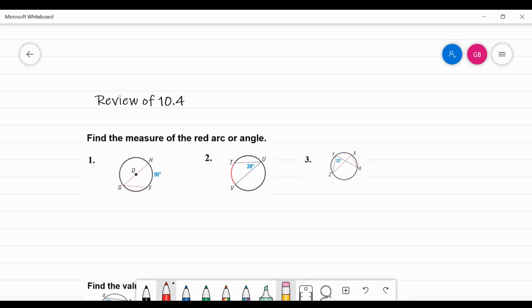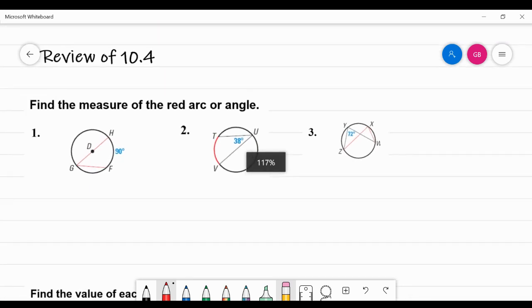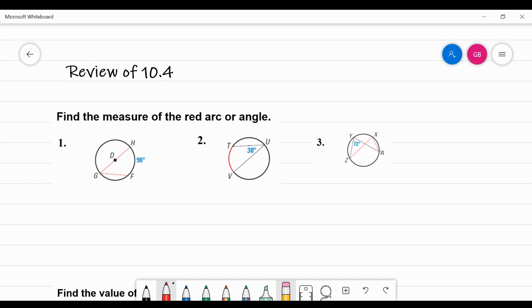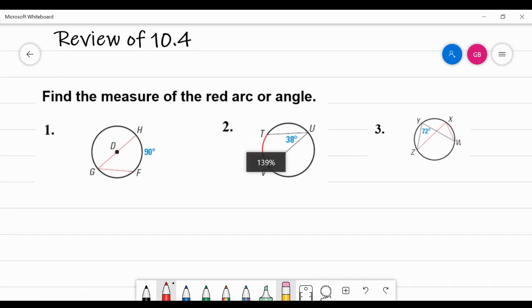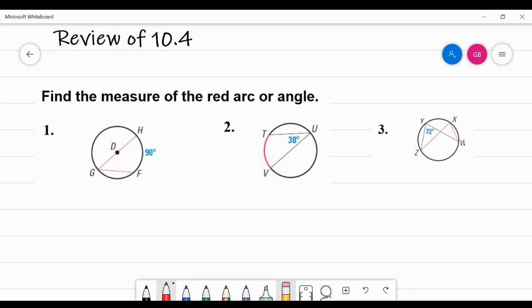Now we're going to review some problems from section 10.4. Find the measure of the red arc or angle. Okay, for this one, you have to remember that the inscribed angle is half of the arc that's intercepted.